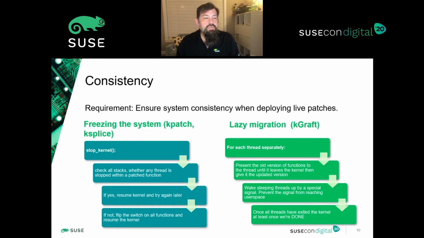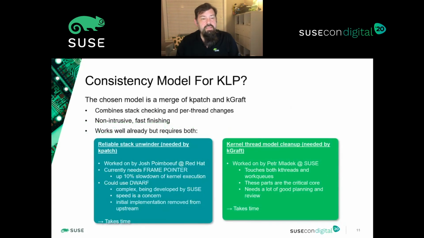So these were the two methods of Linux live patch, Kpatch and Kdrat, and Ksplice was very similar in that it used that stop kernel concept. For KLP, we've changed it and merged these pieces.